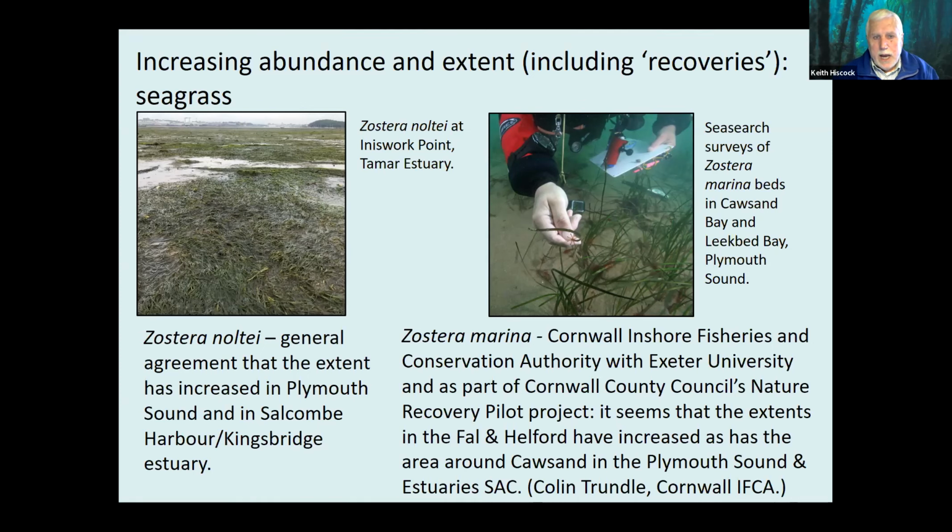So here you are looking over the mudflats at St. John's Lake at the entrance to the Tamar, at Zostera noltii. And that's at Inny Work Point, near Millbrook, looking out towards the dockyard. And you can see this really solid mat of seagrass.